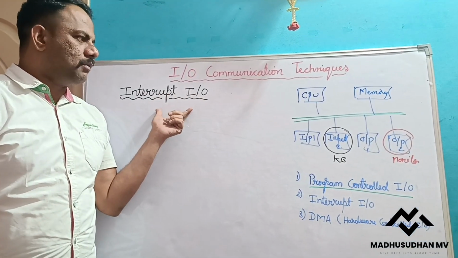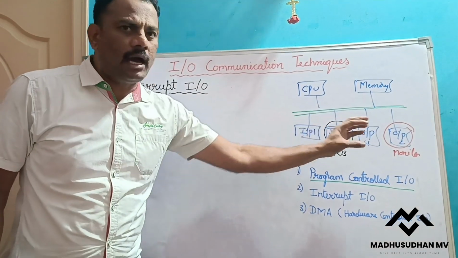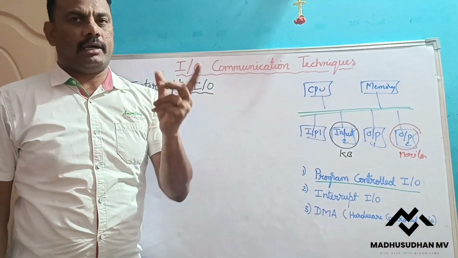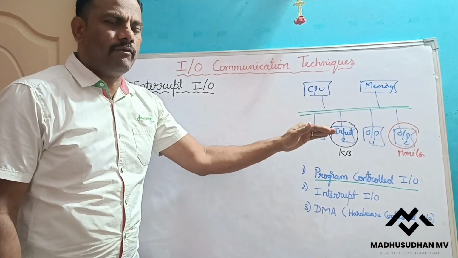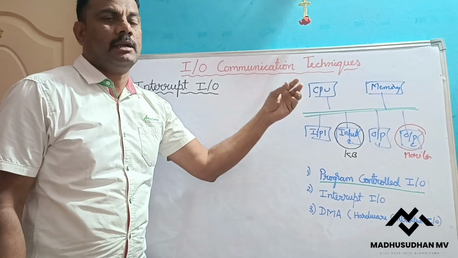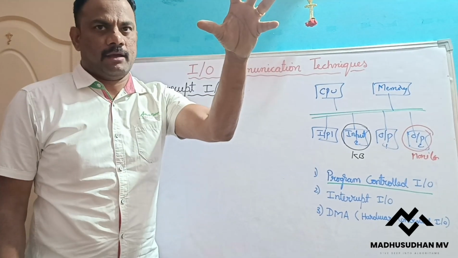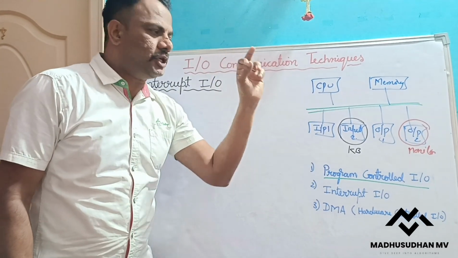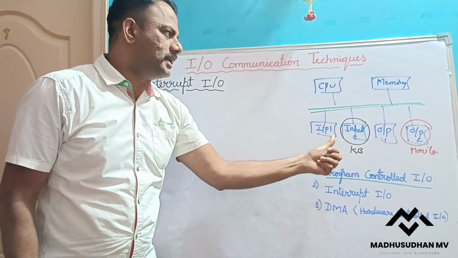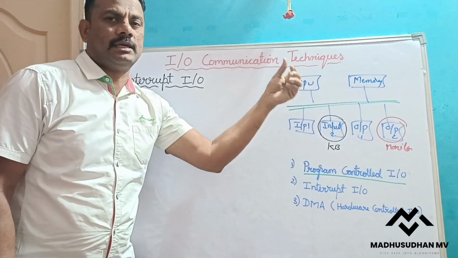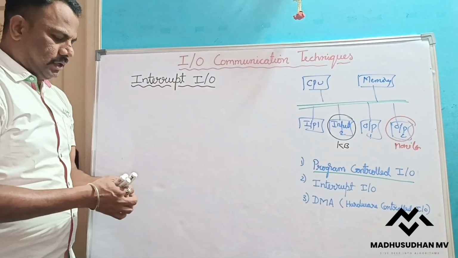In interrupt IO, whenever any IO device is ready for data transfer, that IO device informs the processor by sending a signal. The signal generated by the IO device to the processor is called an interrupt.